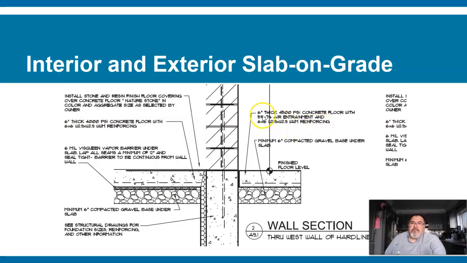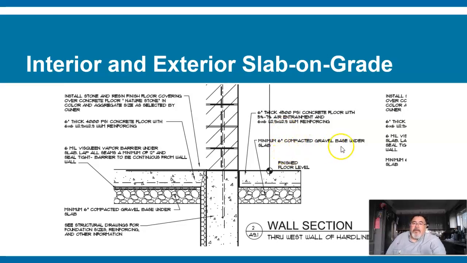And on this side, a 6-inch, 4,500 psi concrete floor. So again, I'm not sure which one is interior, which is exterior, but this is definitely a heavier duty floor. And it's got 6x6 wire mesh. Different wire mesh? W2.9 by W2.9. Nope, same.